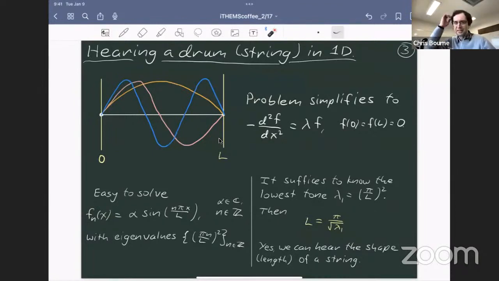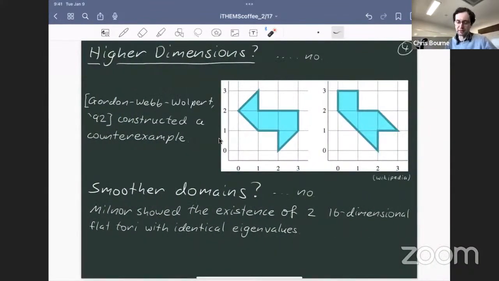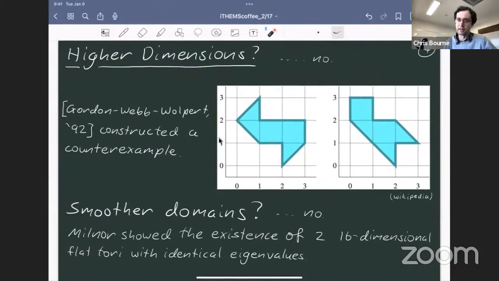So 1D things are kind of trivial, but as soon as we get to 2D and higher, then things get very, very hard very, very quickly. And actually, in particular, the statement is false generically in 2 dimensions. So in 1992, Gordon, Webb, and Wolpert used some work from Sunada about certain results in spectral theory.